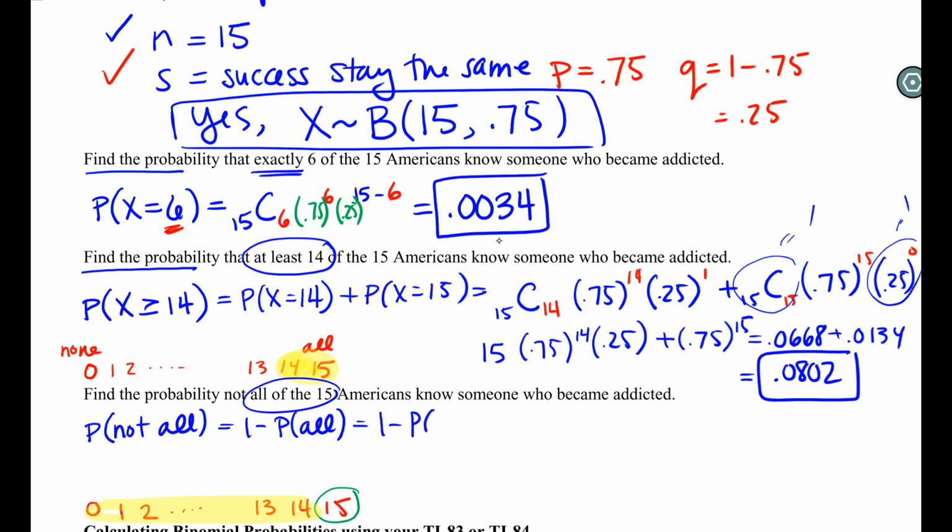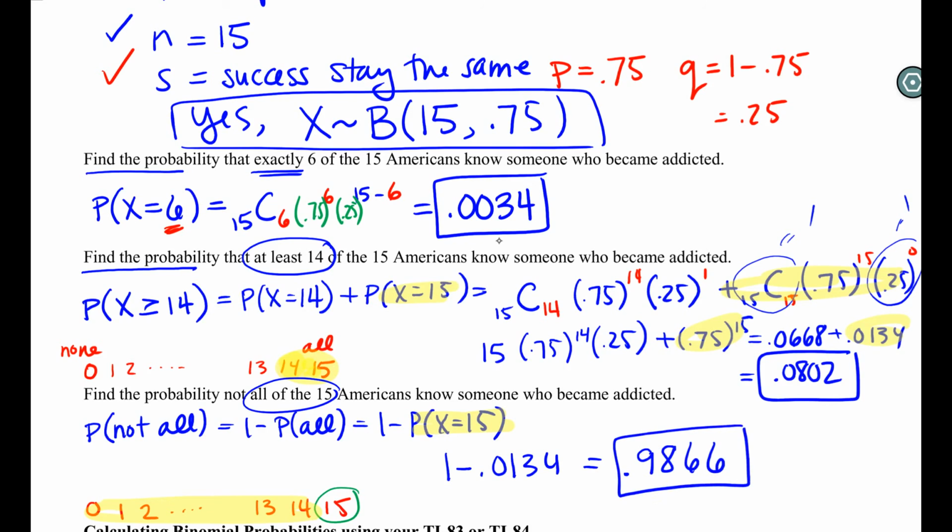That's 1 minus the probability that x is equal to 15. Now I could use the formula here, but we've already found this probability, right? We did that here, here, here. So I'm just going to do a 1 minus 0.0134, which gives me 0.9866. I hope, because I did not use a calculator.